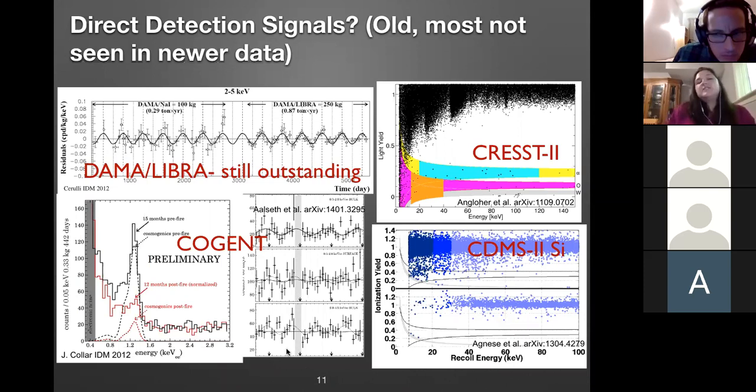And one of the interesting things that can happen in dark matter, because there are these dark matter particles filling the halo of our galaxy and moving around randomly in our galaxy, but we aren't moving around randomly in our galaxy, we're going around the sun. And that means sometimes we're heading more into dark matter that's randomly moving, and sometimes we're moving away.